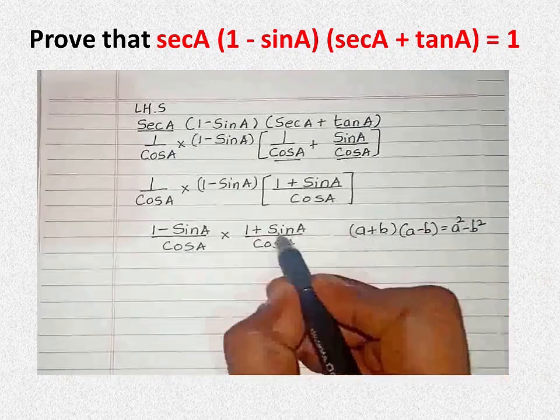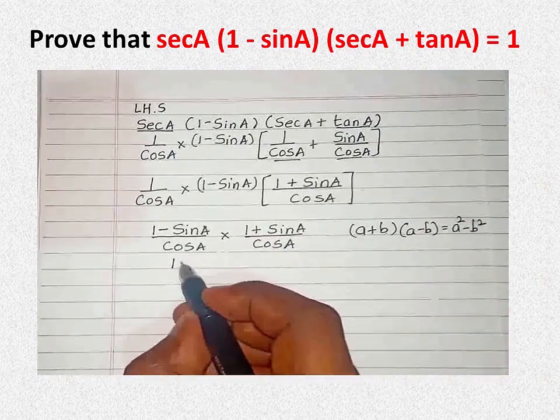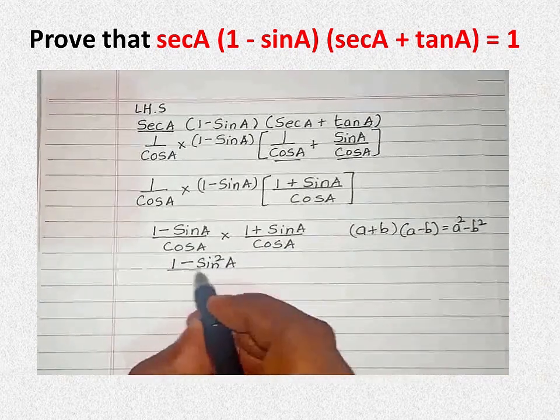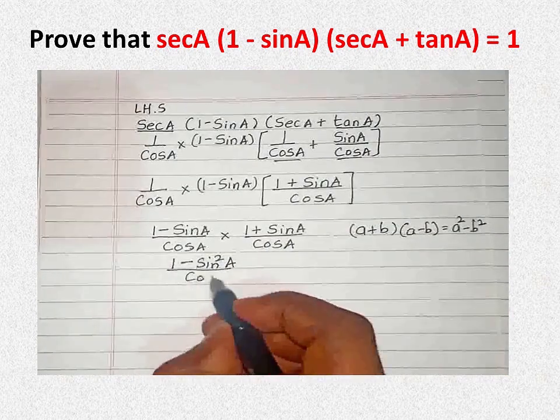The a value is 1, the b value is sin A. Now 1 square is 1 minus sin square A divided by cos A into cos A, cos square A.